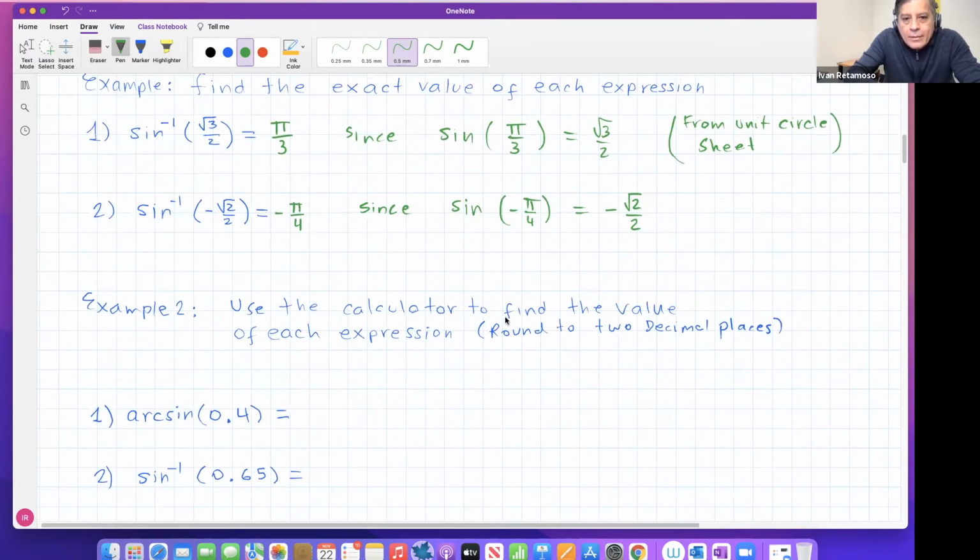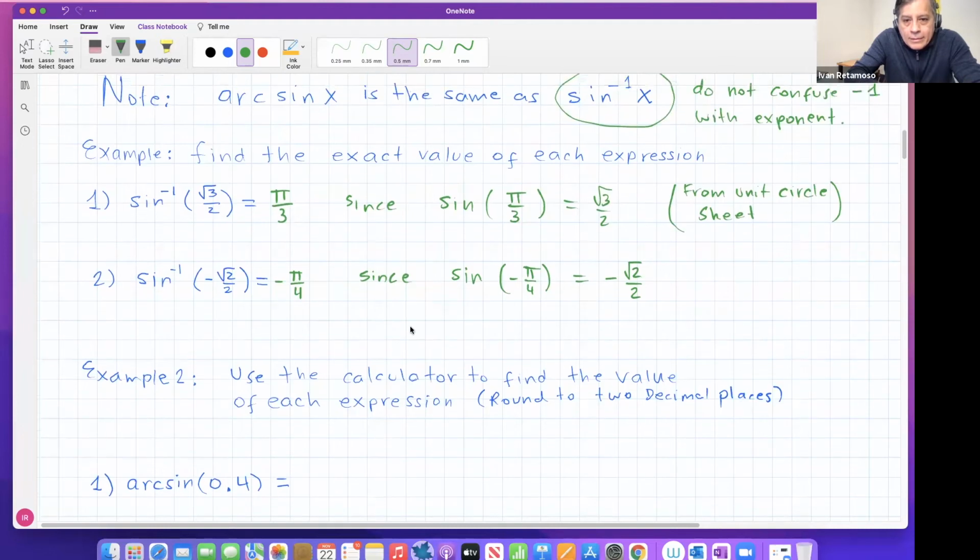Use the calculator to find the value of each expression. We will do this later with the calculator, but for now, let's just do it using the unit circle sheet.